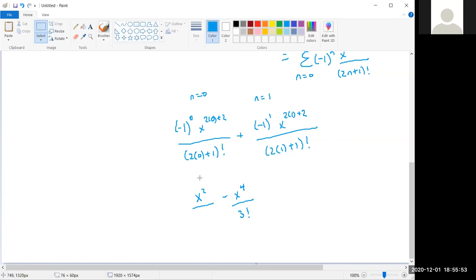This part. Okay, I think we're done here because this is already to the 4th power. So we don't need to go any further. This is T sub 4 of x.